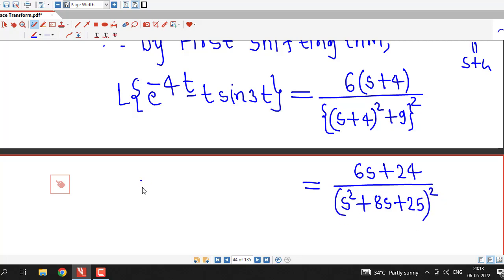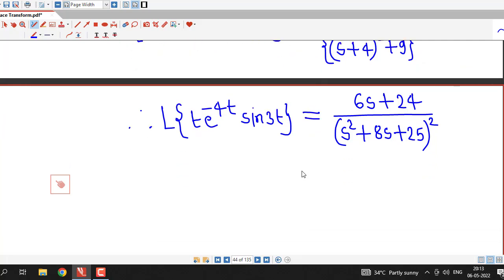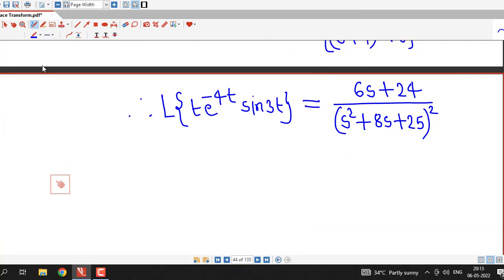So this is the required Laplace transform. Laplace transform of t e raised to minus 4t sin 3t is given by 6s plus 24 divided by s square plus 8s plus 25 whole square. So this is application of first shifting theorem.